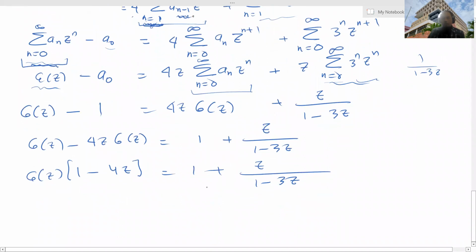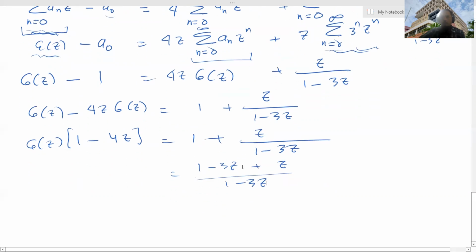Which could be combined together. The right hand side is of course 1 minus 3z plus z over 1 minus 3z. Now the right hand side here is actually 1 plus z, so 1 minus 2z over 1 minus 3z.